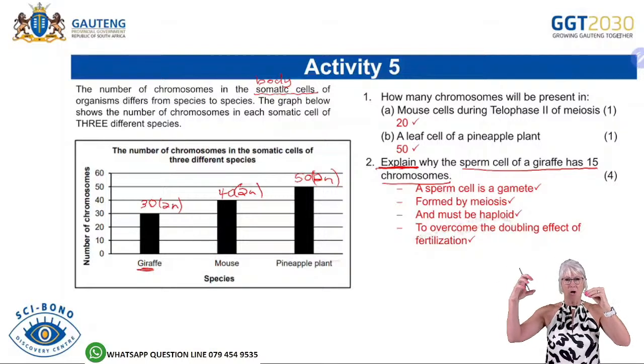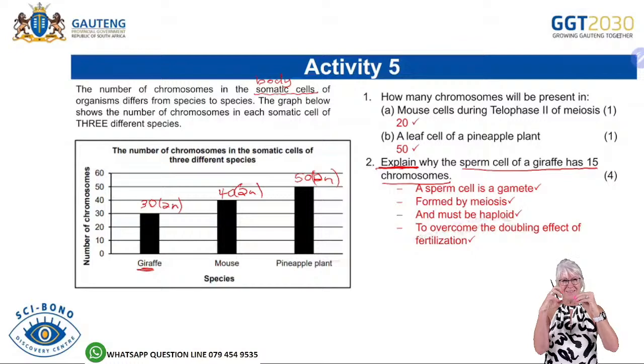It needs an ovum, another gamete that it must fuse with. So if I put 15 and 15 together, when they fuse in fertilization, it's going to go back to the original number, which is 30. If not, the chromosome numbers are going to change, and then the structure is not going to develop.